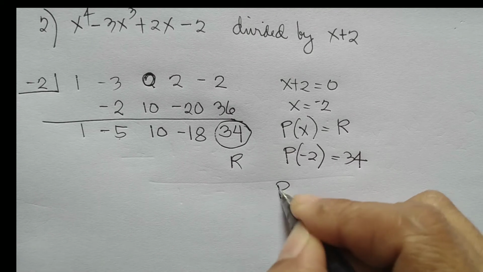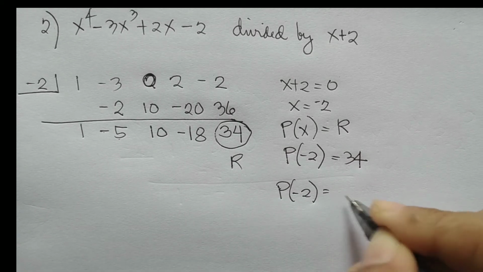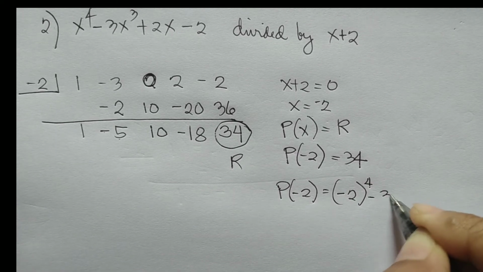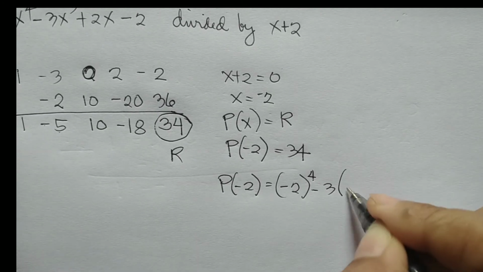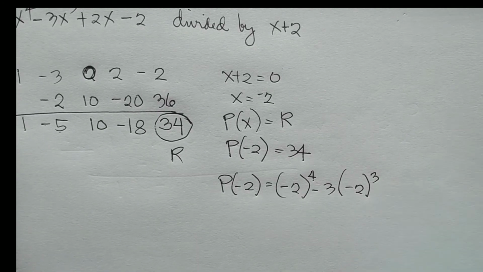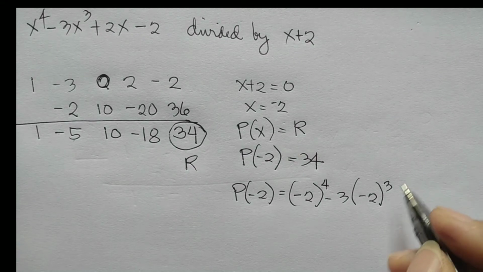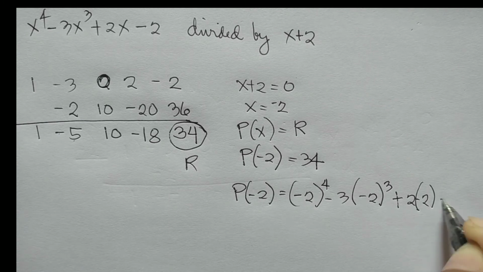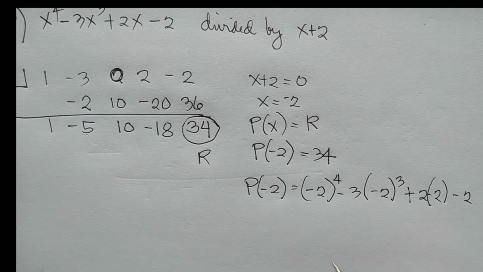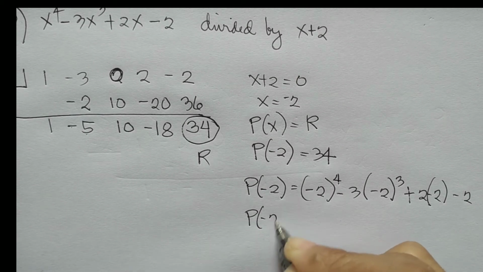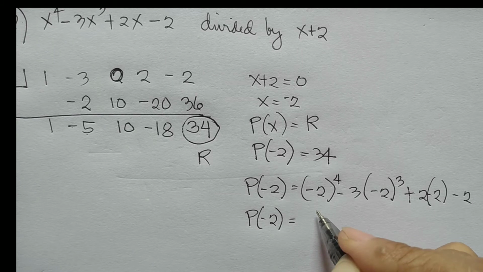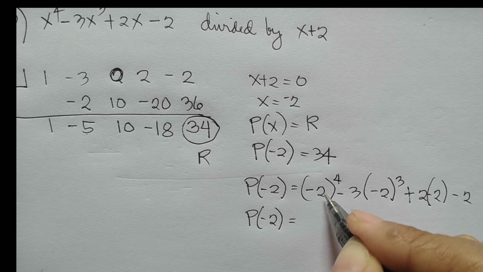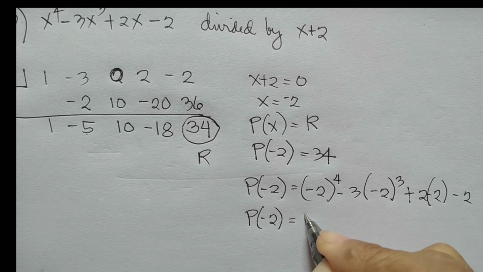So we have P of negative 2 is equal to negative 2 to the 4th power minus 3 times negative 2 cubed plus 2 times negative 2 minus 2. Okay, next we have P of negative 2 is equal to negative 2 multiplied by itself 4 times, it gives us 16.